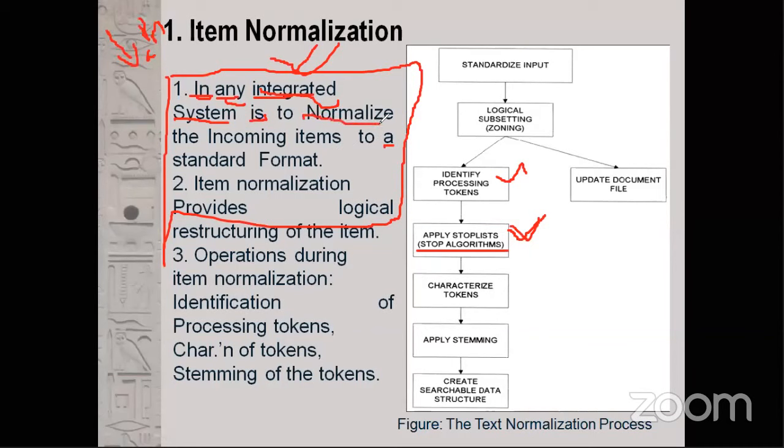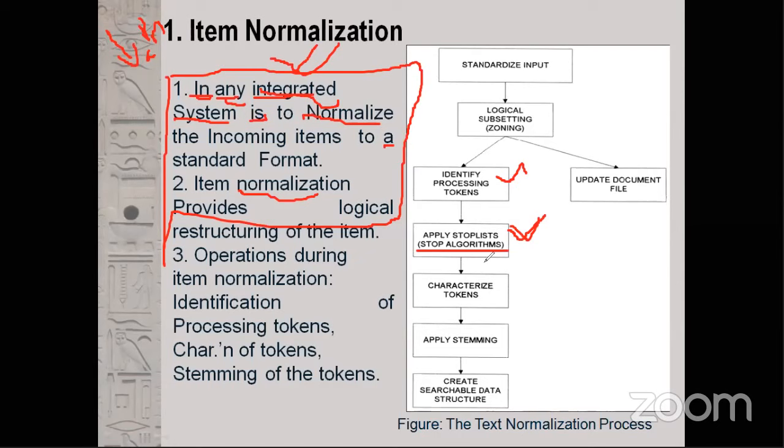Here we also have the normalization, which means this term happens two times. So this term has more frequency compared to "system". Like that, I need to compute the frequencies for the terms available in this document. Which terms have the higher frequency? Those we have to consider as processing tokens.